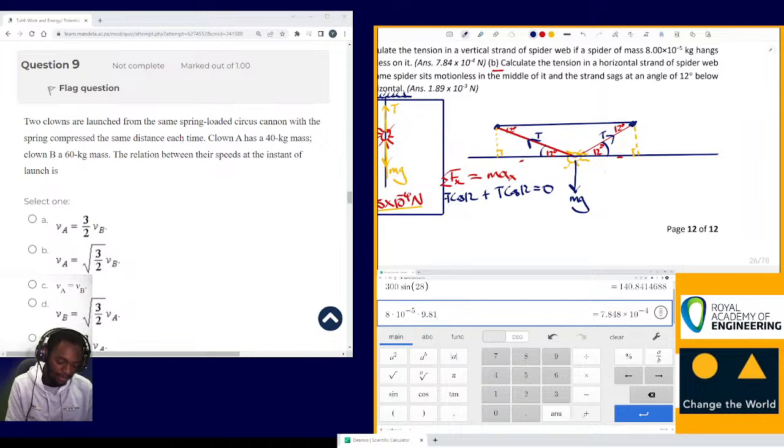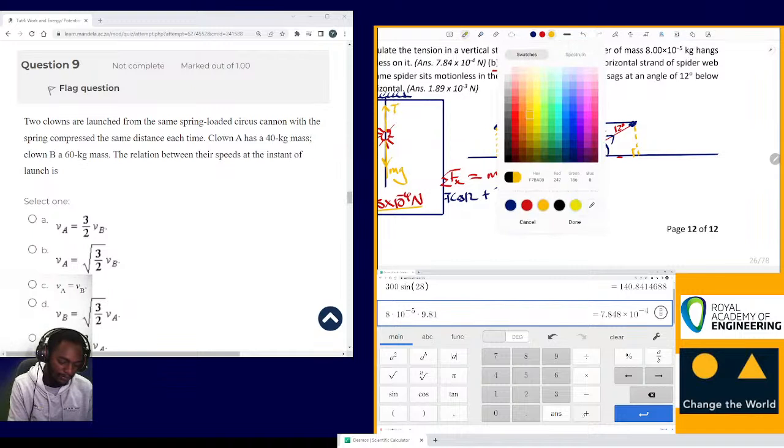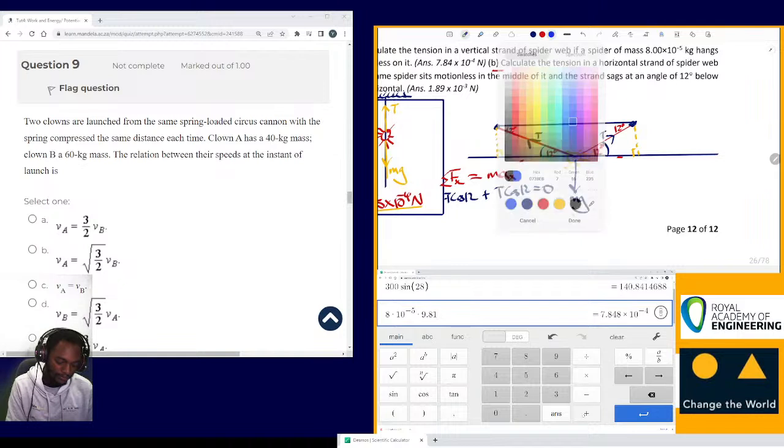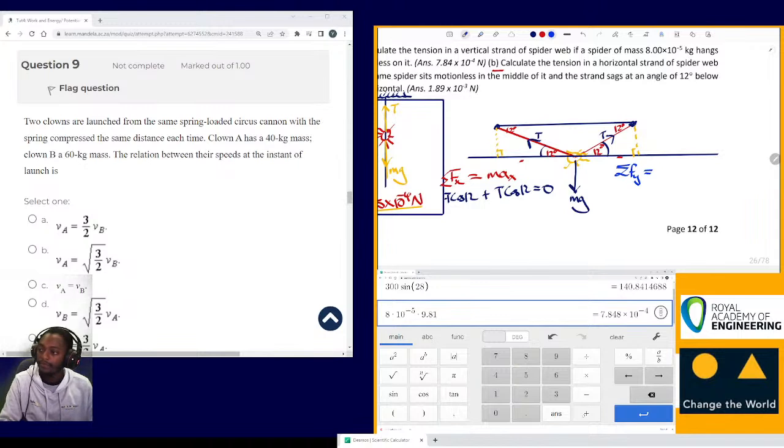Let's analyze the vertical. The summation of forces in the y will be equal to m a in the y, but again we're told that it's motionless, so this should be equal to 0.